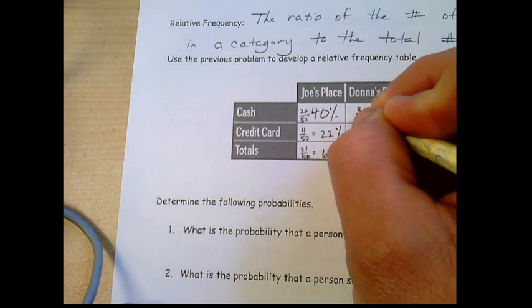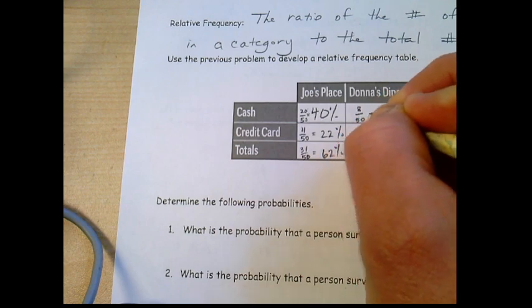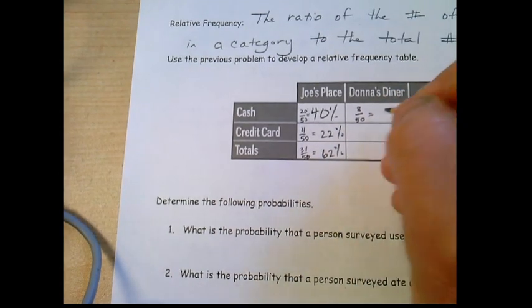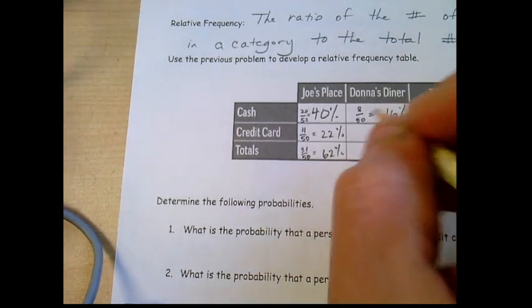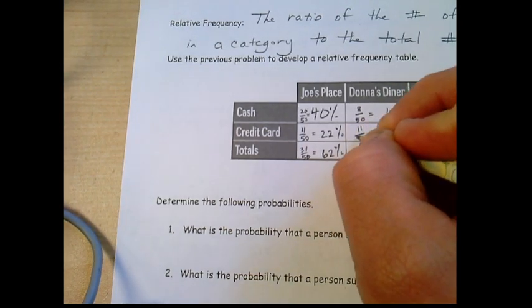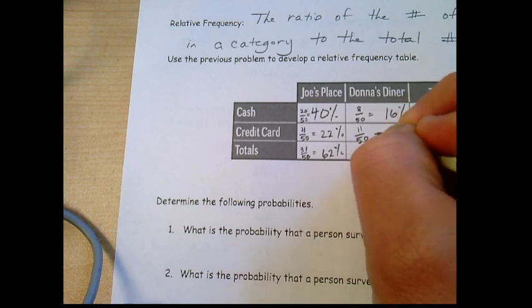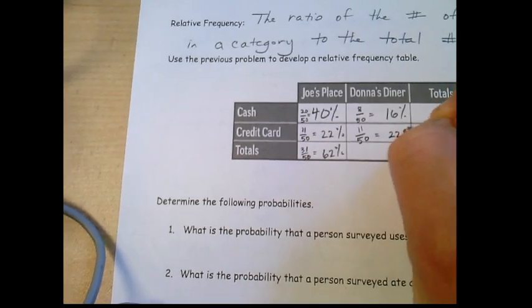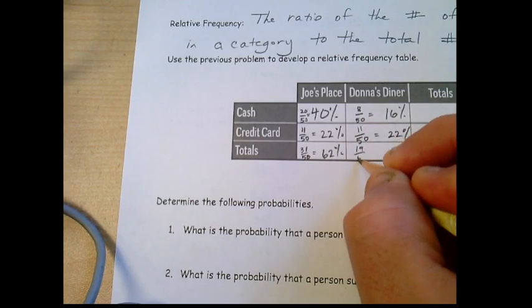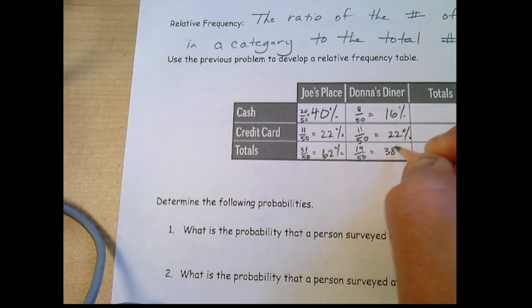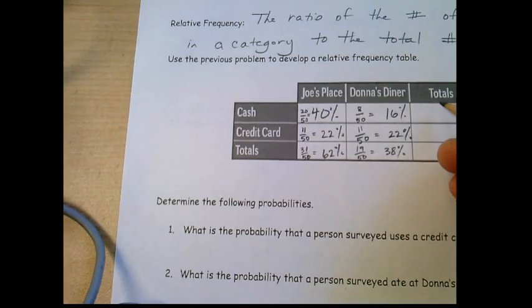At Donna's Diner, there were 8 people who used cash out of the 50, and so that would be considered 16%. Credit cards at Donna's Diner were 11 out of the 50, which would be 22%. And if we add those two together, 19 out of 50 equals 38%, or 16 plus 22.